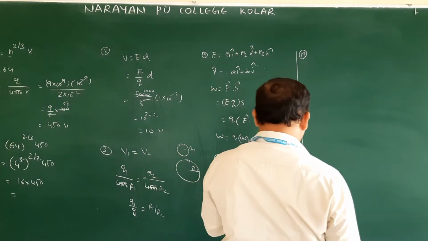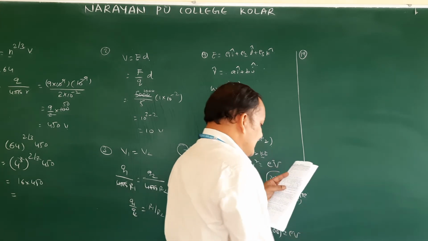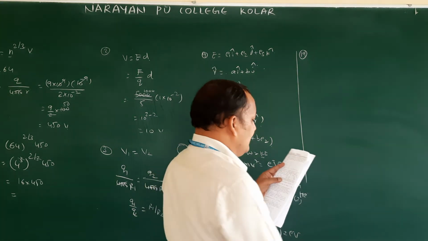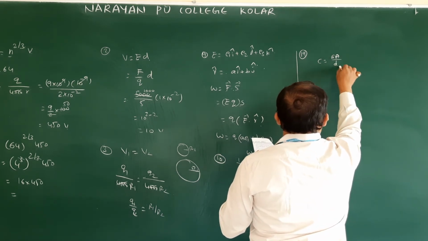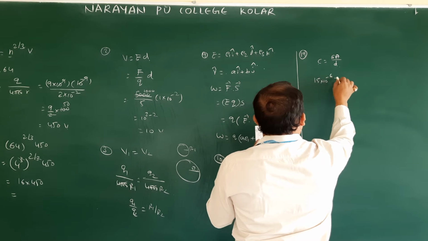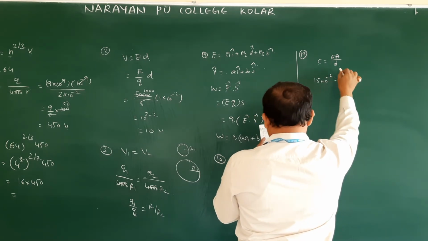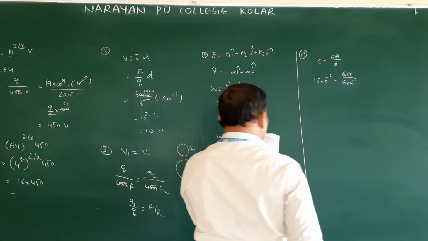19th one. The capacitance of an air capacitor is 15 microfarad. The separation between the parallel plates is 6 mm. What is the capacity formula? C is equal to epsilon naught A by d. The C value is 15 microfarad, epsilon naught A by separation, 6 into 10 power minus 3.